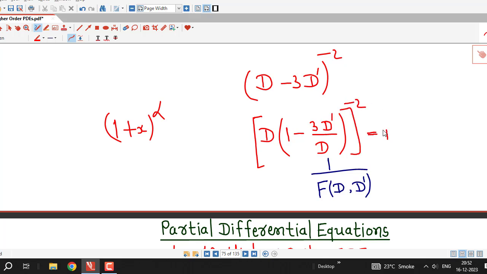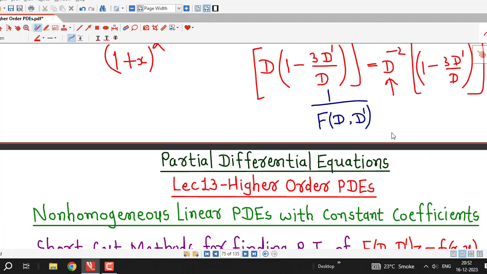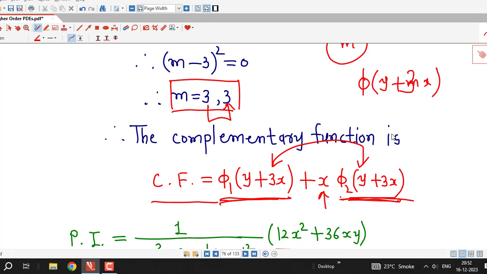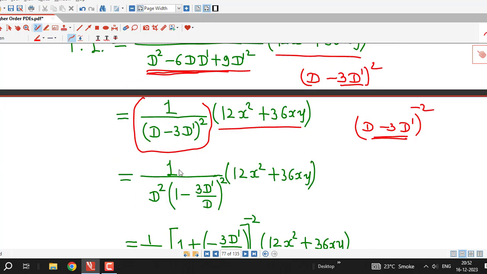That is going to be D to the power minus 2 times (1 minus 3 D dash over D) to the power minus 2, and this D to the power minus 2 can be rewritten as 1 over D squared. So in the next step we have written it in this form, 1 over D squared.